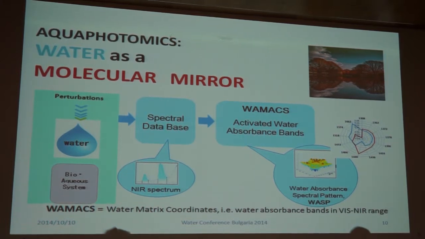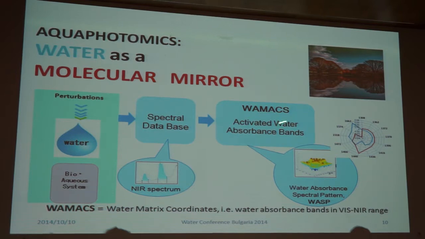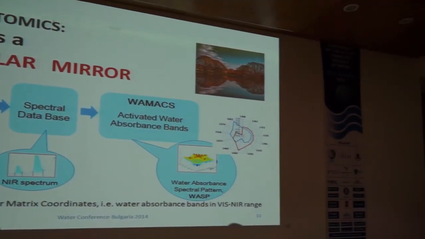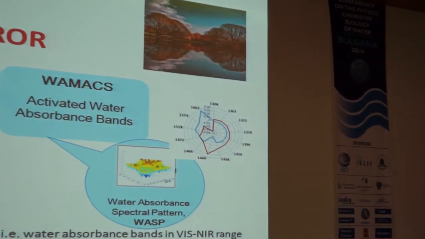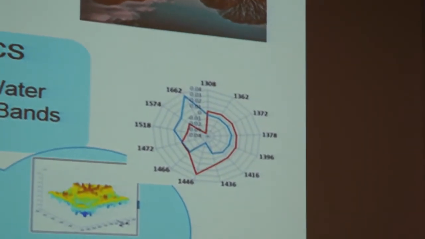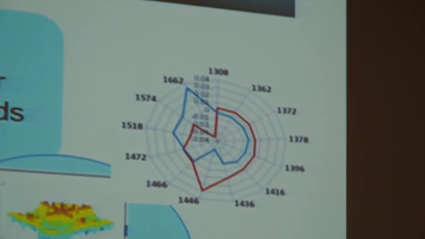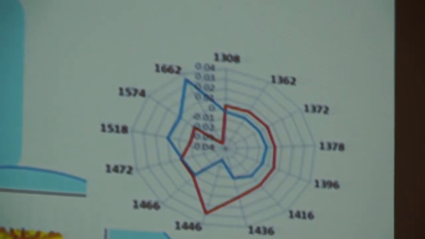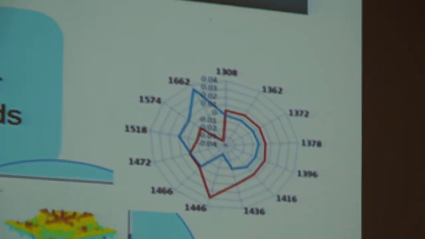So we have, for example, 12 specific water absorbance bands that we found in the first overtone of water. We could say, if we look at these 12 bands, we can harvest information from the water molecular system, which reflects the rest of the molecules in the middle.